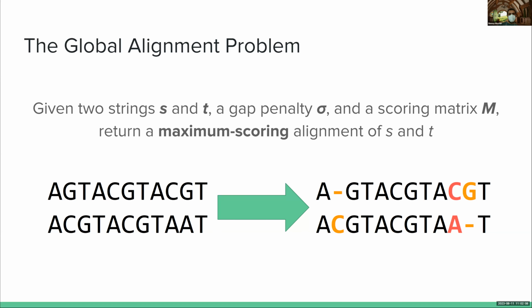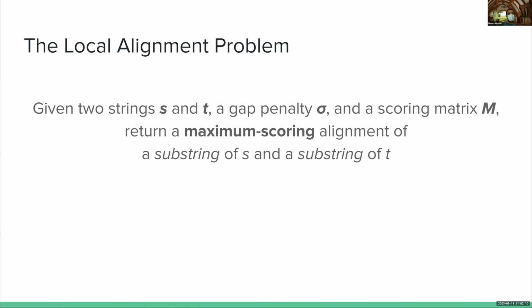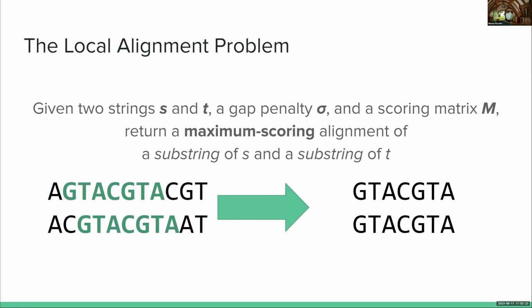There's a similar problem called the local alignment problem, where given 2 strings, I want to find a maximum scoring alignment of any substring of the first string with any substring of the second string. So here, maybe having the entirety of the 2 strings doesn't end up in any good alignments, but if I cut out this substring and this substring out of all possible substrings, this gets me the best alignment.